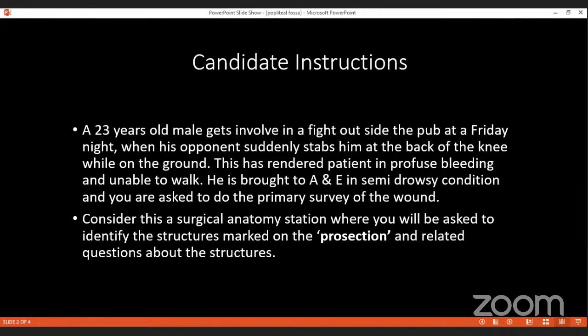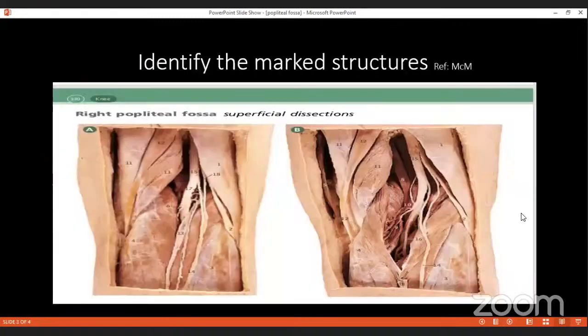Right, if you have read and understood, let's begin the session. Can you identify what you are looking at? It is the posterior aspect of the knee joint. Can you tell me the boundaries of the popliteal fossa?